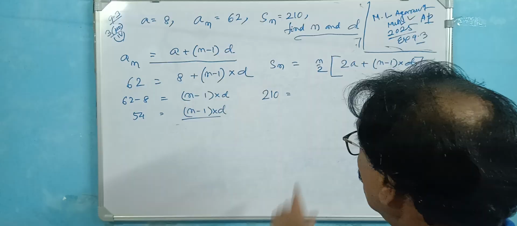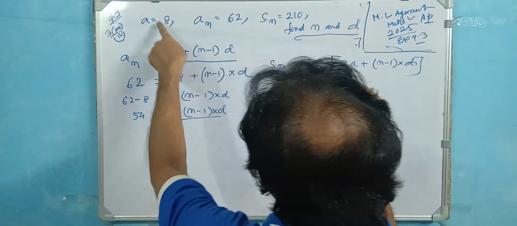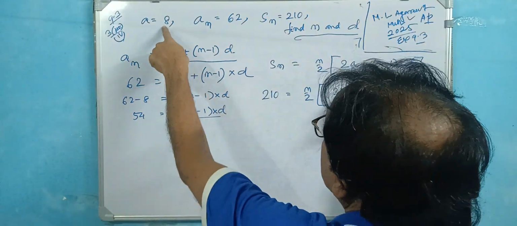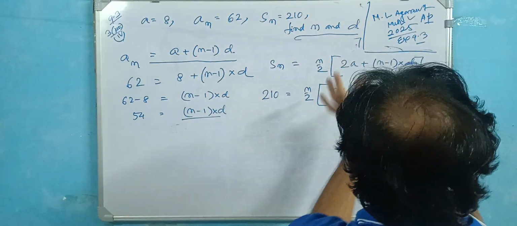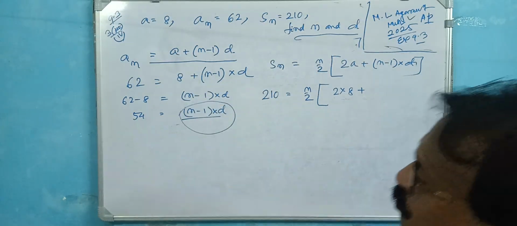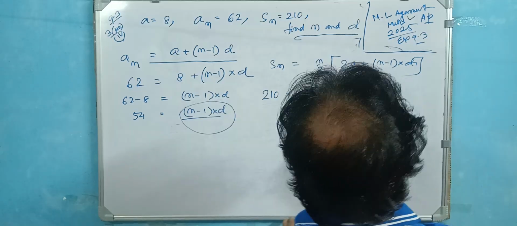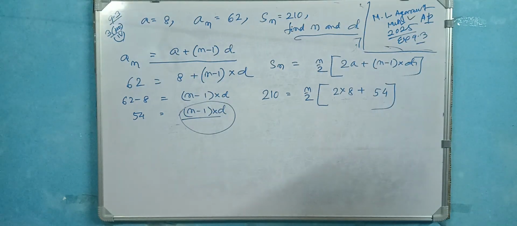You don't know the value of n, so n by 2. This is 2A, 2A is 16. Now, n minus 1 into D, what is the value? n minus 1 into D is 54, you just put it here. It's clear to you?